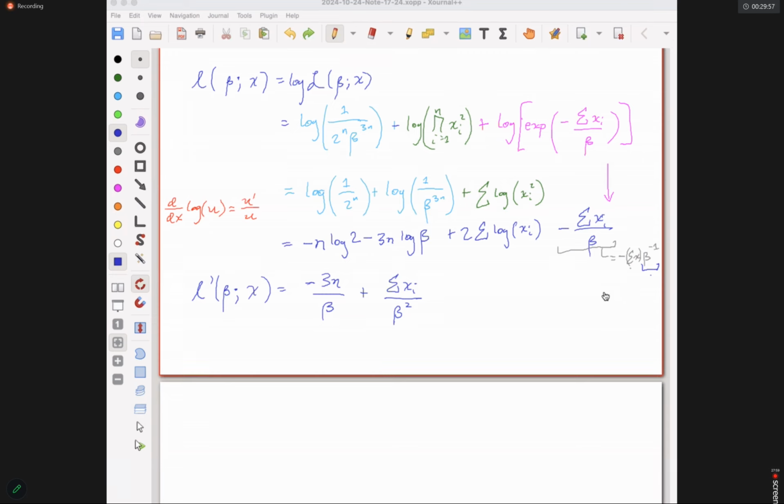Yeah. So we have the derivative of the log likelihood.